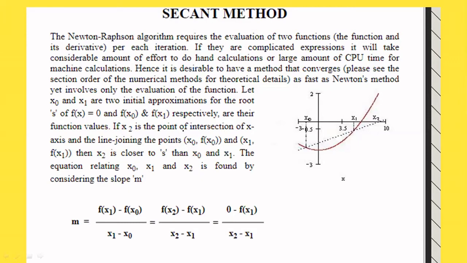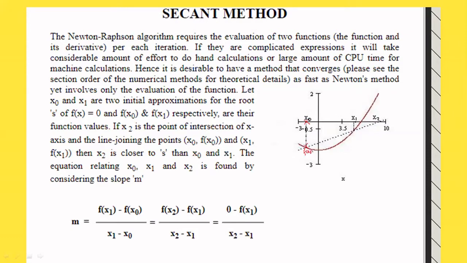If x2 is the point of intersection with the x-axis, see the figure. I have chosen the x0 value and the x1 value. I am choosing the x2 value, which is on the x-axis. x2 is the point of intersection of the x-axis and the line joining the points x0, f of x0 and x1, f of x1. This is x0 and this is f of x0.